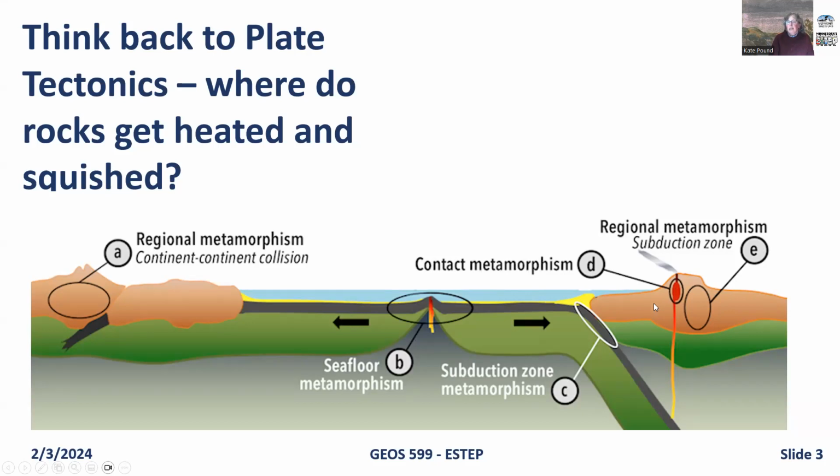So basically, stuff that starts out as sediment or maybe volcanic material gets buried, heated up, and if it gets pushed down far enough by all the squishing that is taking place in this bit of crust here, because it's close to the subduction zone, that will be affected by regional metamorphism.